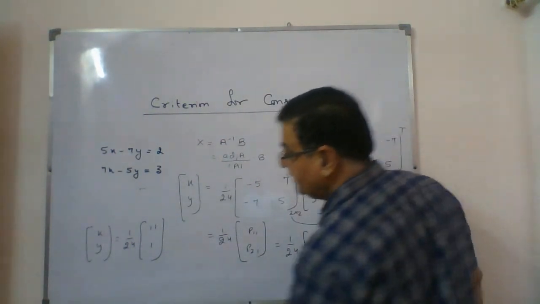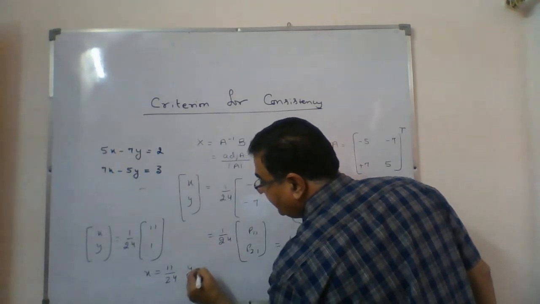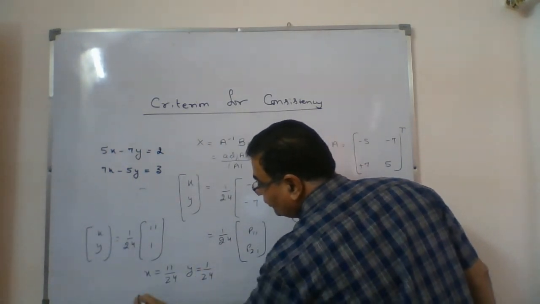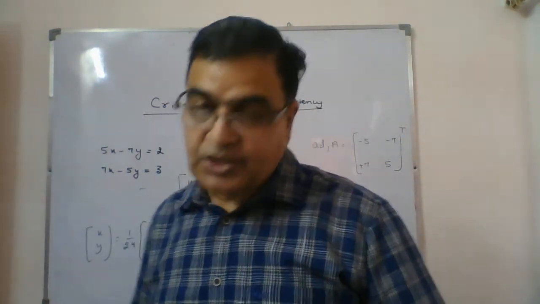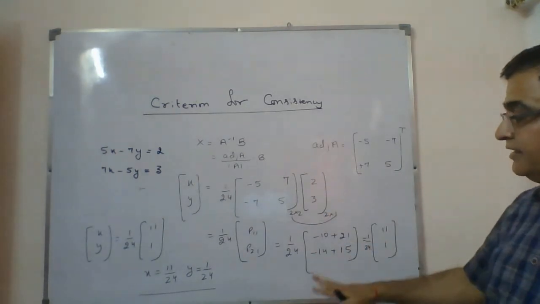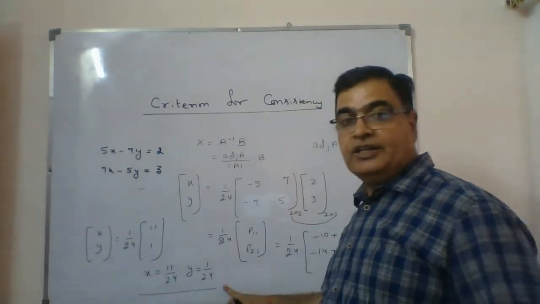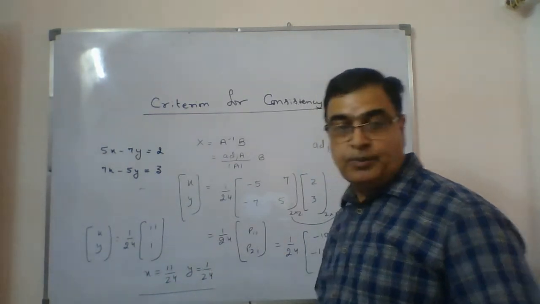So X comes out to be 11 by 24 and Y is coming 1 by 24. This will be the answer we are going to have in the first question. So this is a 2 by 2 equation, and in this case X and Y are coming unique. Unique value: X is 11 by 24, Y is 1 by 24.